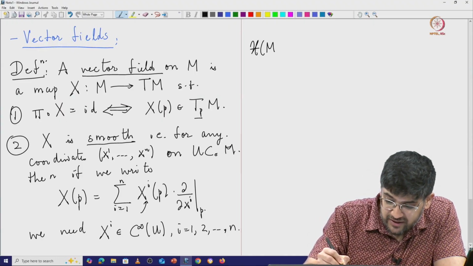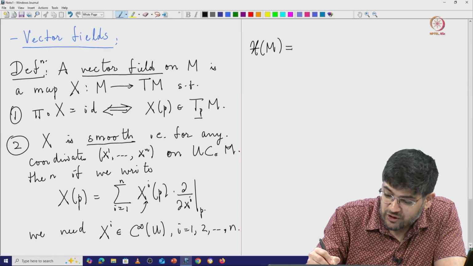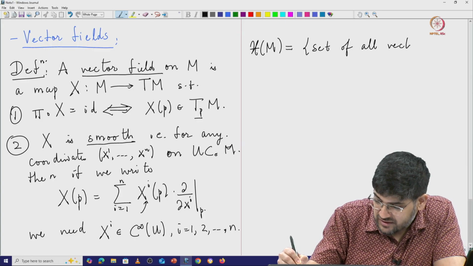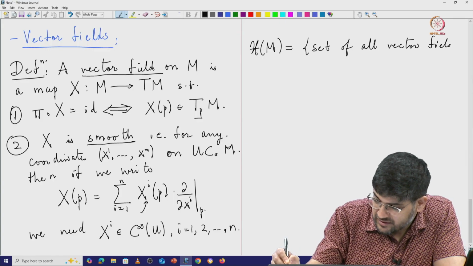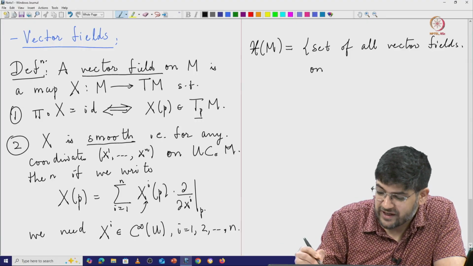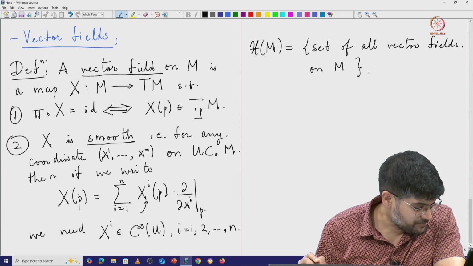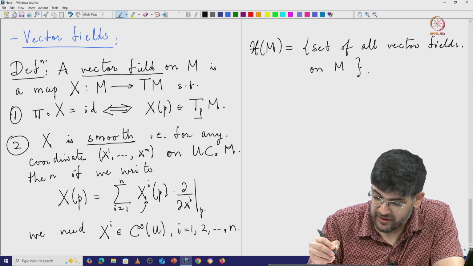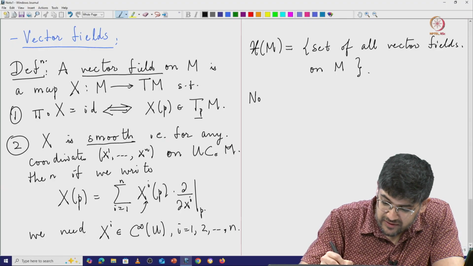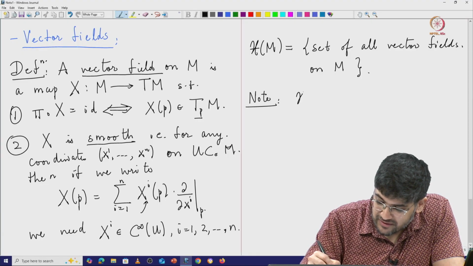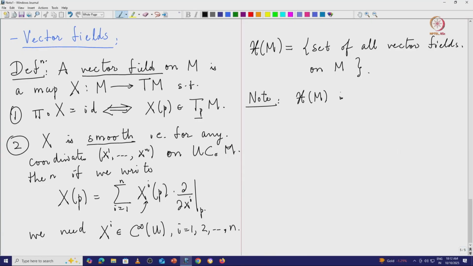We will denote by this fancy X of M the set of all vector fields on M. Okay. So one thing to note is that X of M is a C infinity of M module.